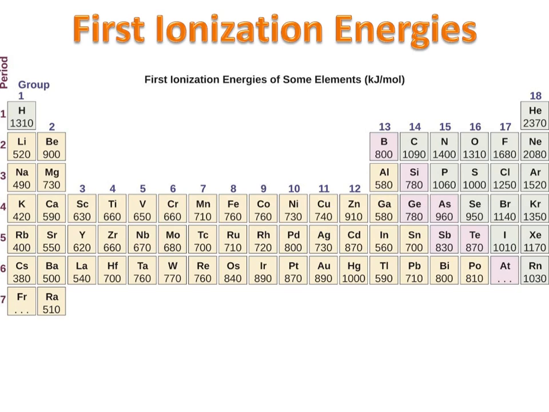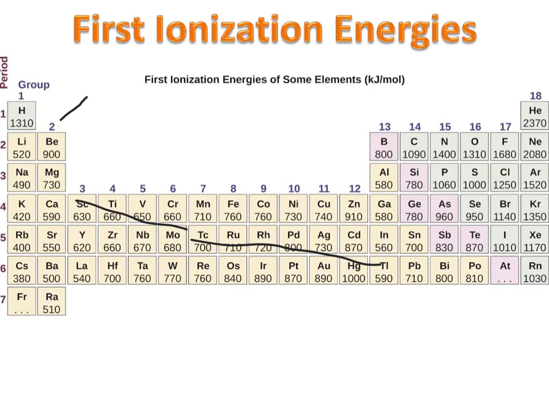This table shows the ionization energies of some of the elements, that is, their first ionization energy. And if you look at it, you will find that, ignoring the transition metals, the ionization energy goes up from group 1 to 2.